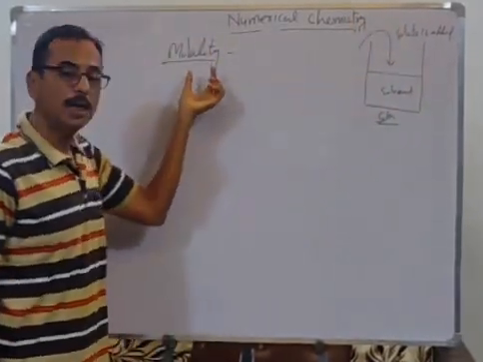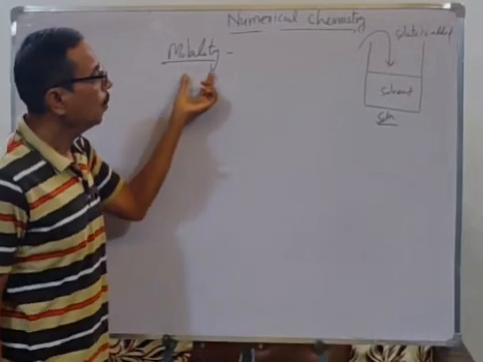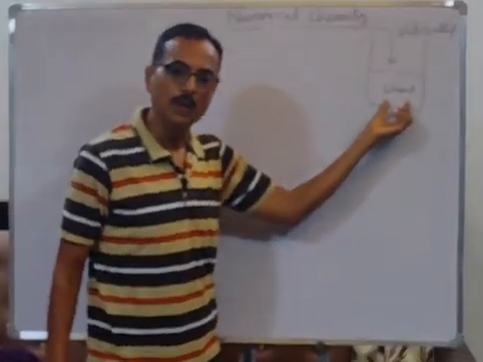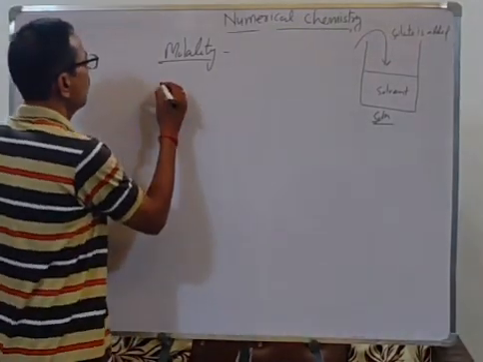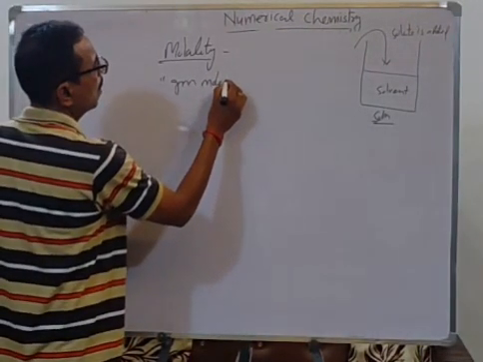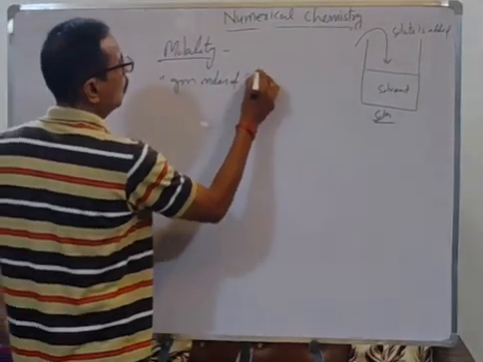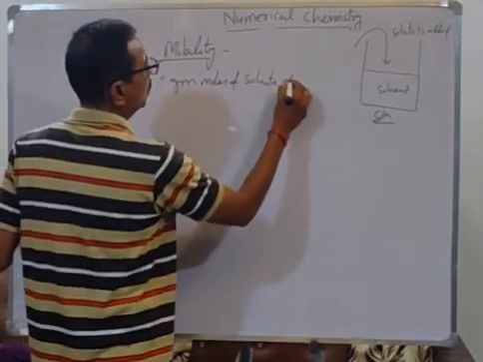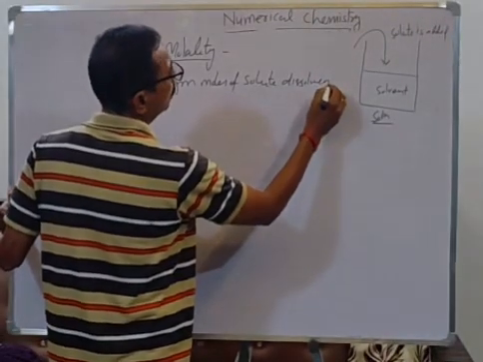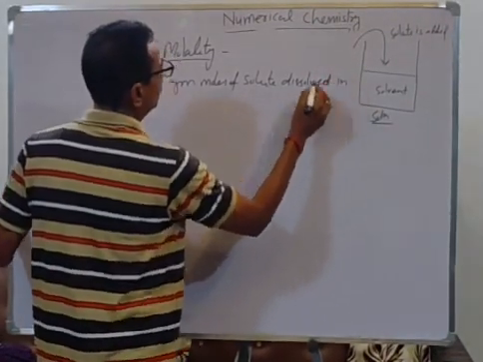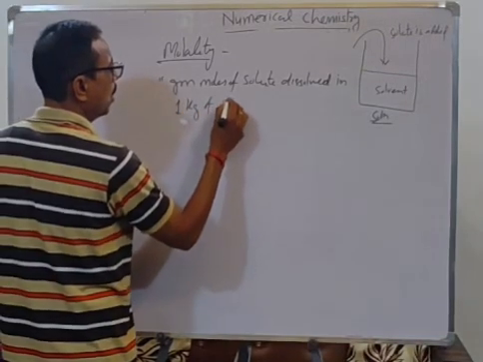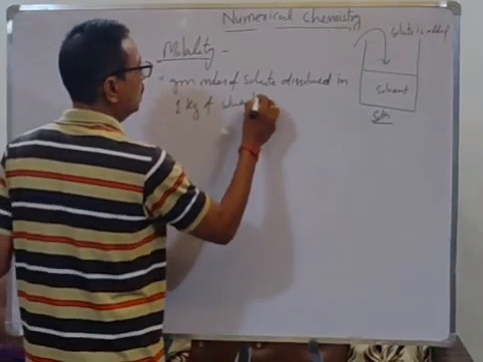But in the case of molality, we define the ratio of solute and solvent. So the molality is gram moles of solute dissolved in 1 kg of solvent. 1 kg of solvent, this is very important.